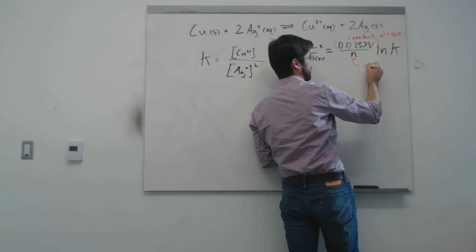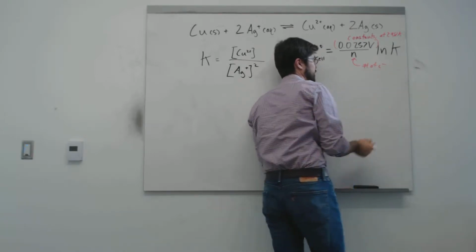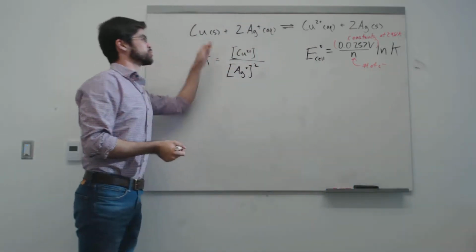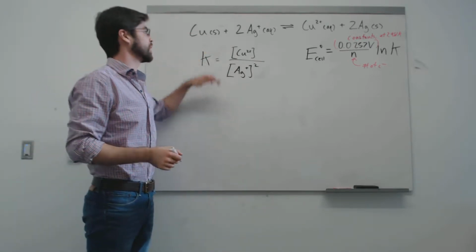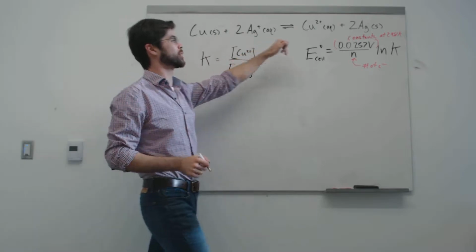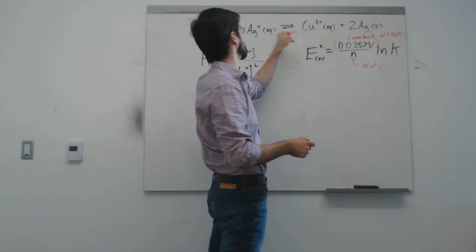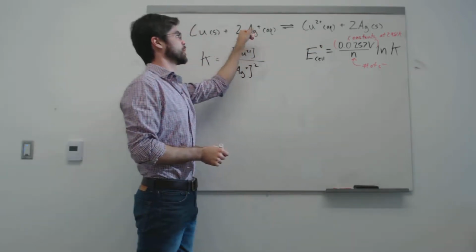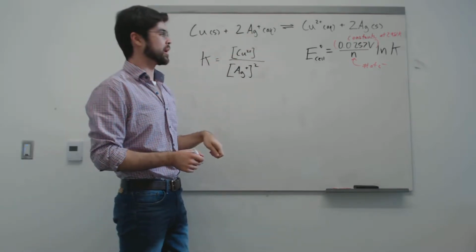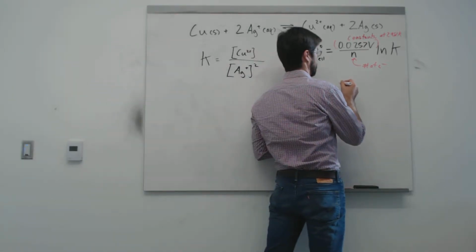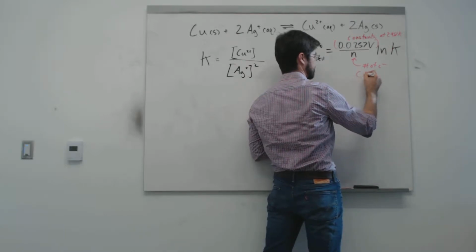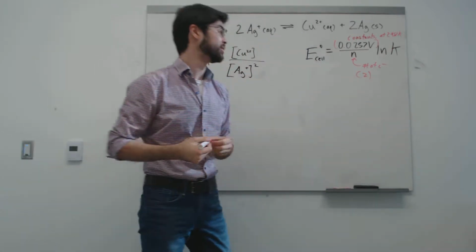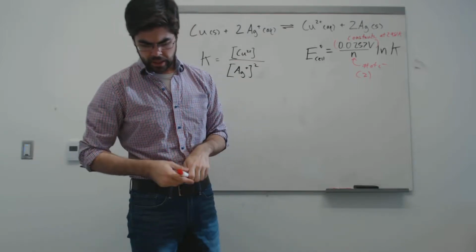This N here is the number of electrons transferred. So in this reaction, there happens to be 2 electrons transferred per mole of copper. Each copper donates 2 electrons. That's why it picks up the 2+ charge, and it donates those 2 electrons, one each of them, to the silver ion. So for this, I would just say the E cell should be related to the natural log of the equilibrium constant by a factor of 2 there, or really, I guess, a factor of a half.